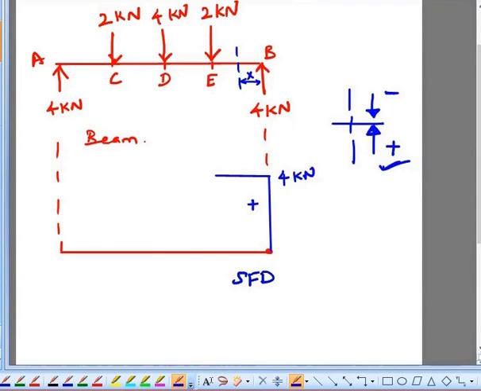Now you consider any section between E and D, at a distance x.